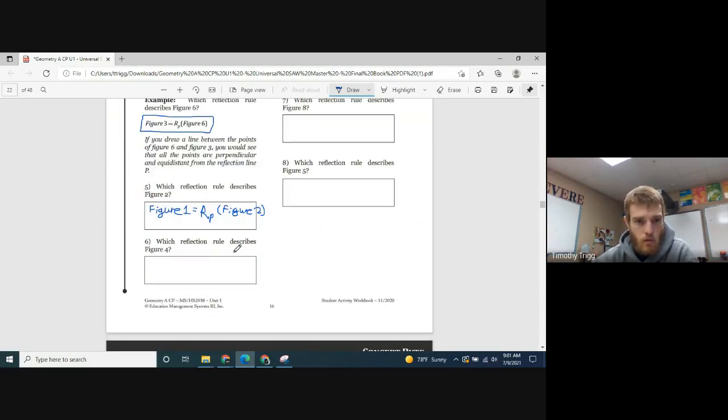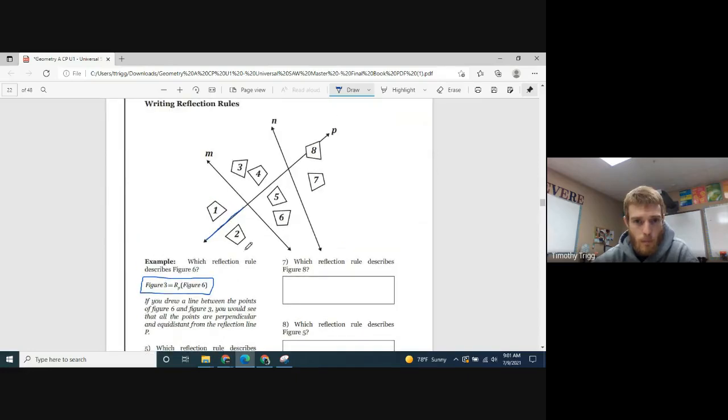Which reflection rule describes figure 4? So you might be tempted to say, oh, 5, right? If you reflect across line P. But actually, they wouldn't be going the right way. You see how 4 has its short side here, and then 5 has its long side here. So if you reflected across that, that wouldn't really work.